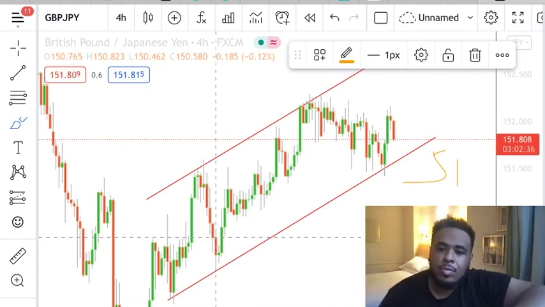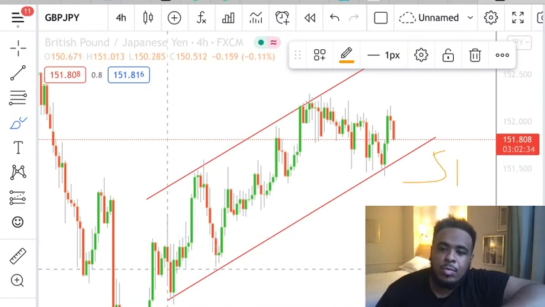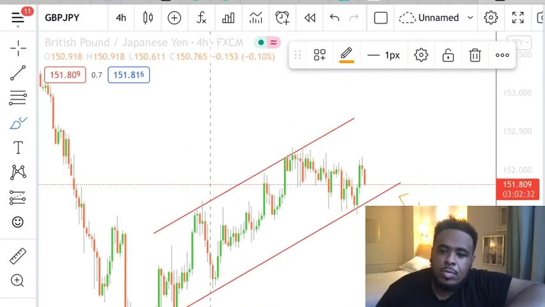I would say that's number one. Number two, I would also say just the chart that you're looking at. Sometimes I will have a couple lines depending on the areas of support and resistance that I can identify. Sometimes you may have 2 lines, 3 lines, depending on what you can see on the chart.